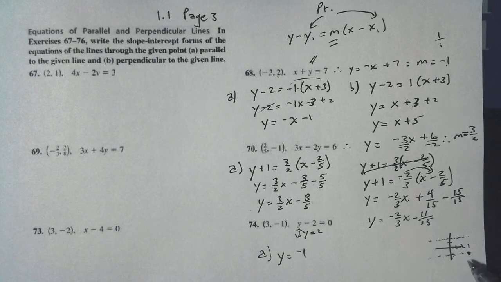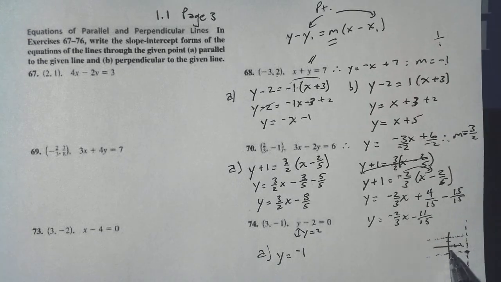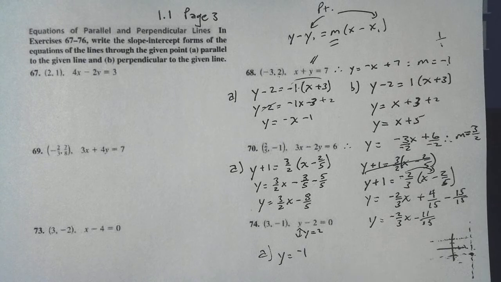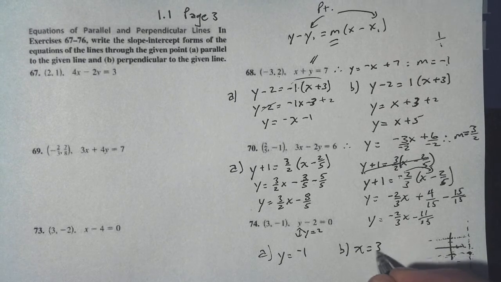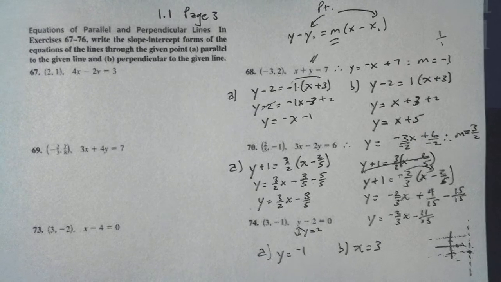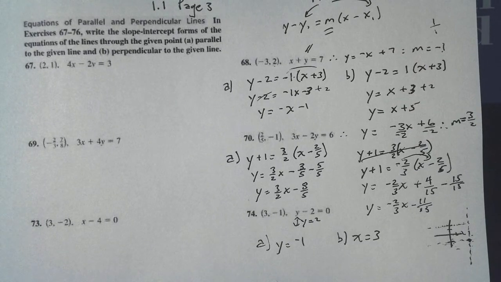And to be perpendicular to that, it must look like this, where all of the points are to the right 3. X is right, left. So to be honest, these are the easiest ones. We just haven't practiced those that much.